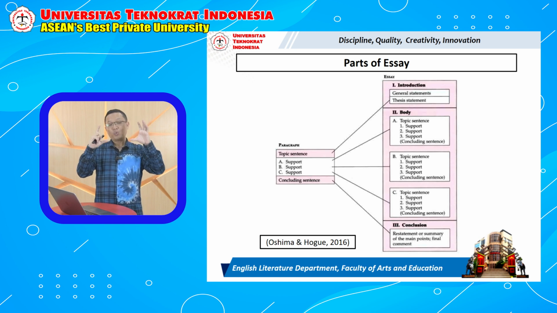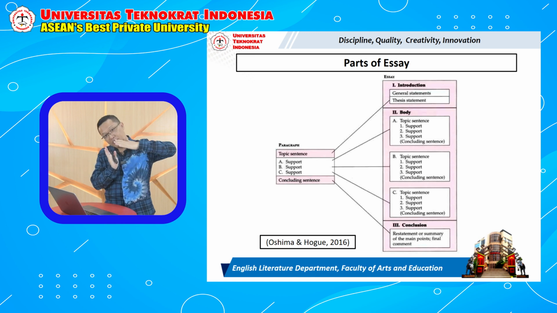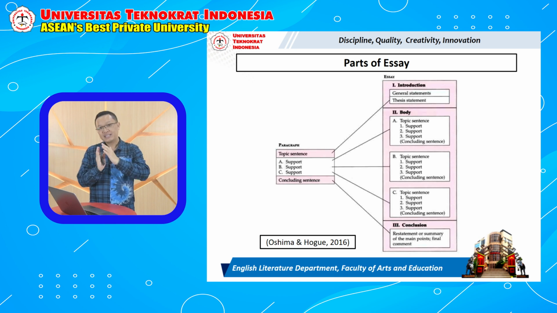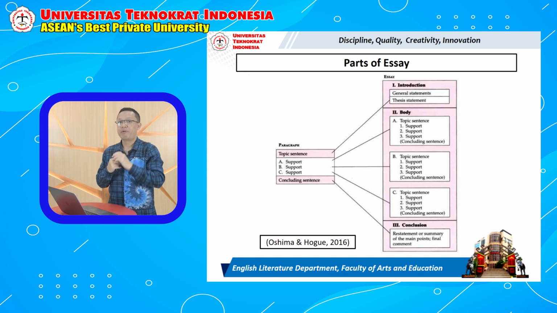So, that's what constructs a paragraph. But you have to expand your paragraph into an essay. So, an essay is much bigger than a paragraph. An essay consists of many paragraphs. In this context, like I already mentioned to you, it consists of at least 5 paragraphs.